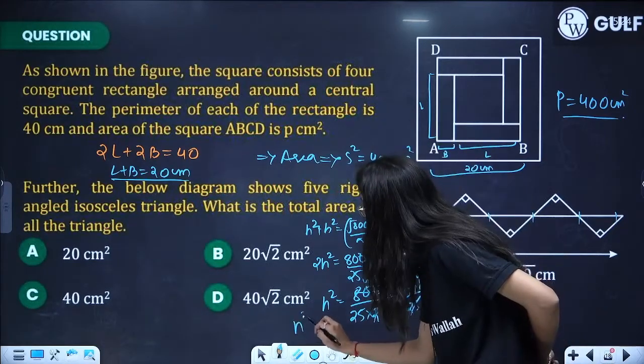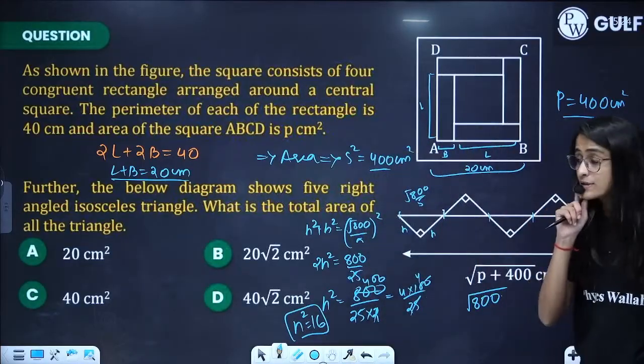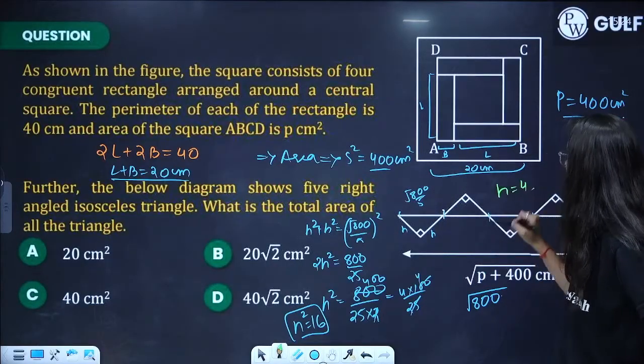That means h square is equal to 16, so your height will be equal to 4.